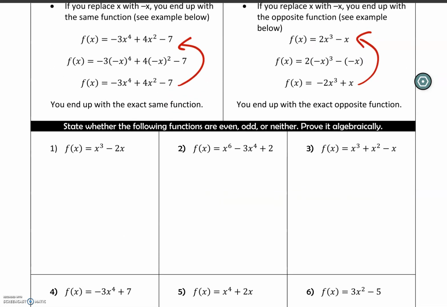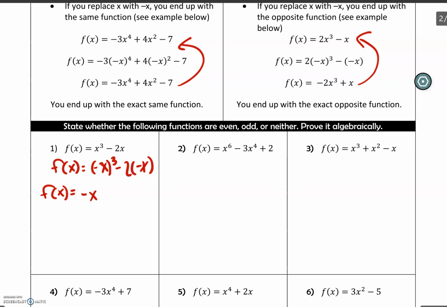All right, so let's try it out. We have f of x equals x cubed minus 2x, and we substitute negative x. When we simplify this, if we have an odd number of negative signs, as we do here, negative x times negative x times negative x, the answer is going to result in a negative value.